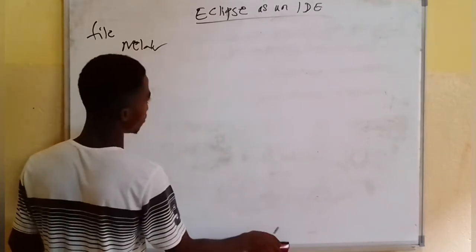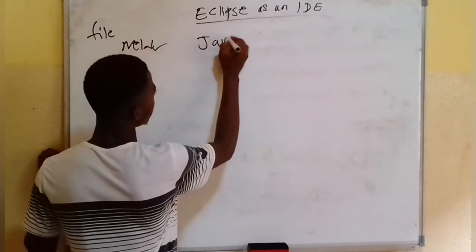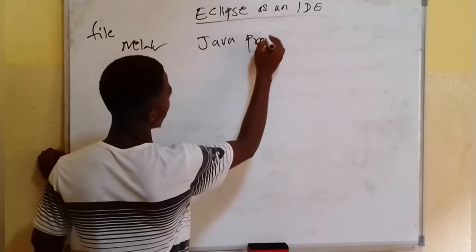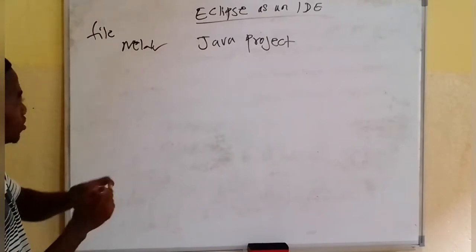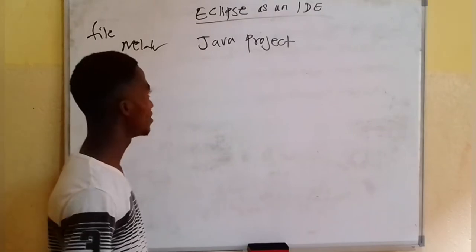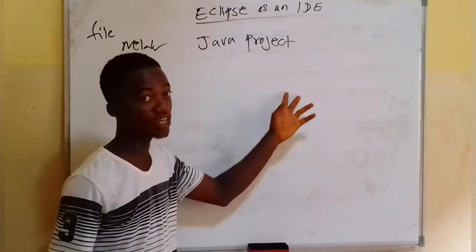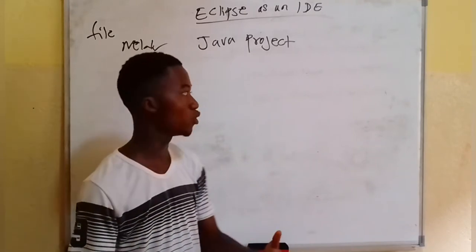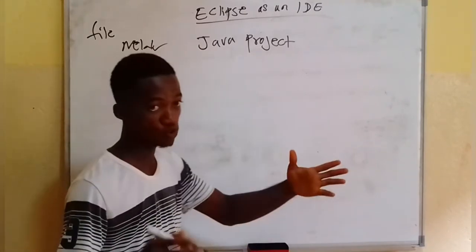So after you click on File, you see New, and when you click on New, you see Java Project. Then a dialog will open that will ask you to write the name of your project.